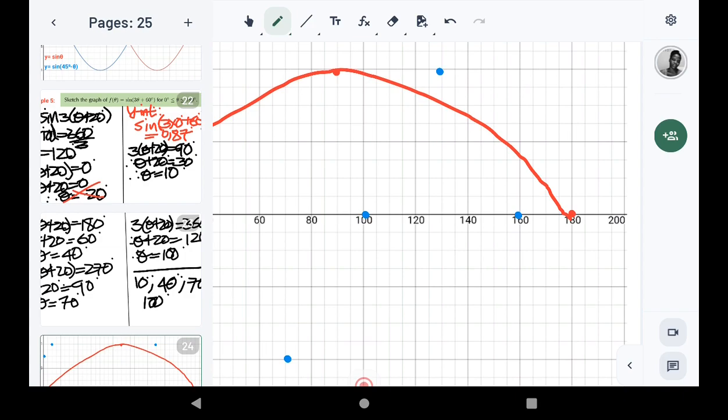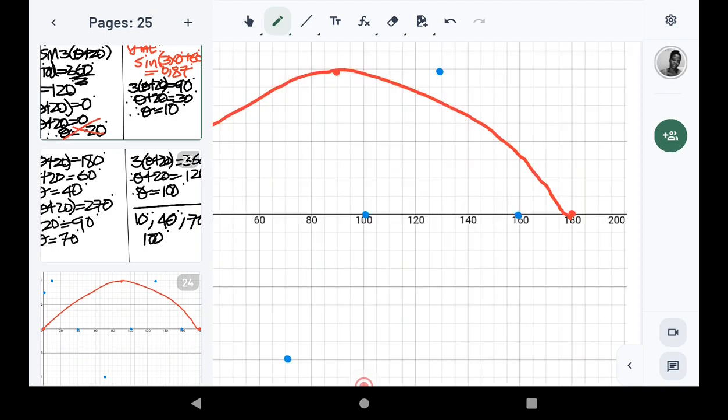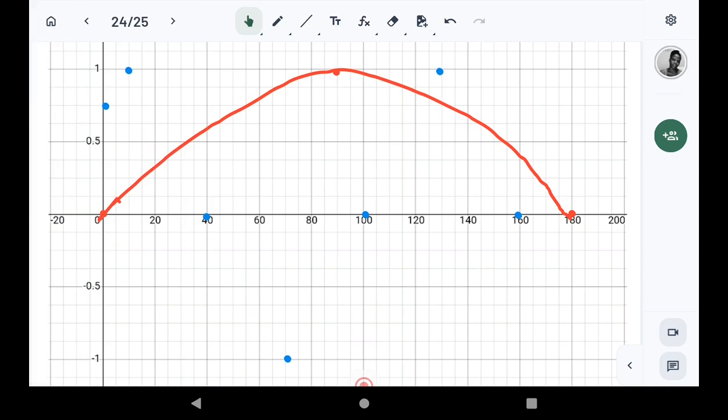Sine of, in brackets, 3 times 180 degrees plus 60, and that gives you minus 0.866, which is negative 0.87. That should be somewhere here, negative 0.87. Now let's join.